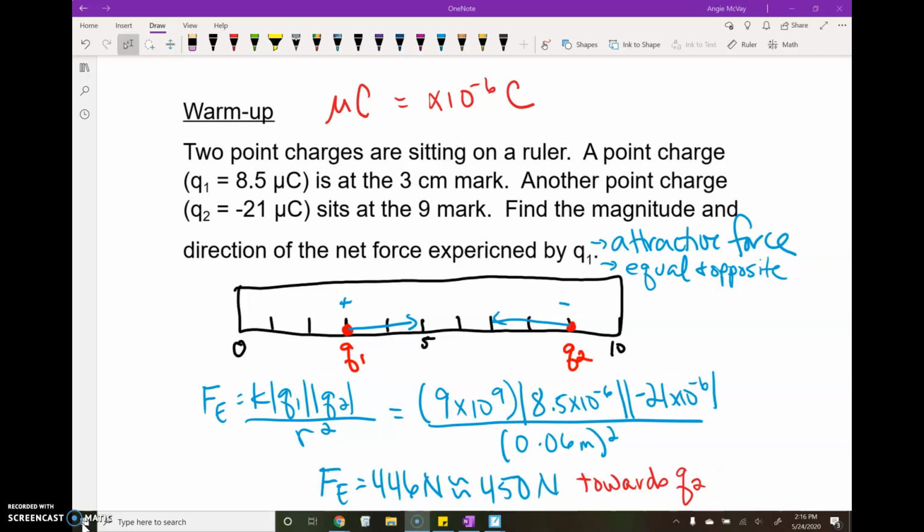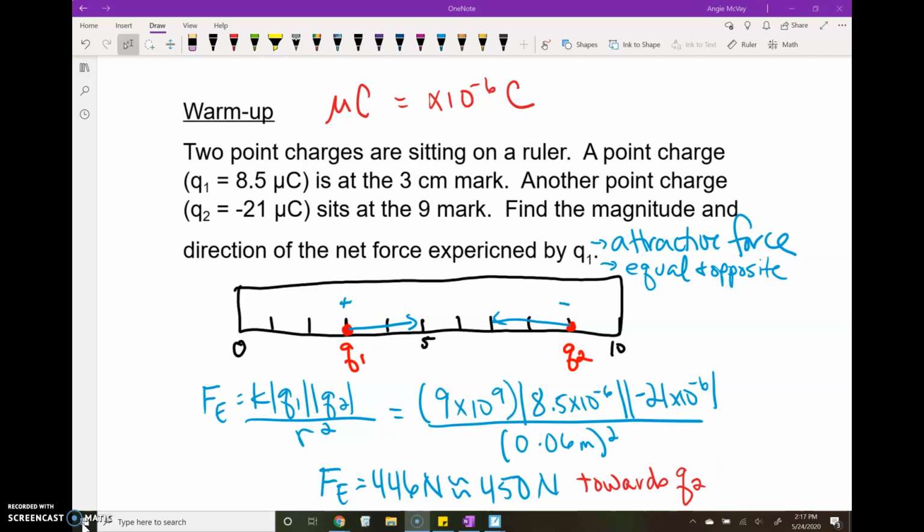Because there are only 2 charges interacting here, no matter which charge I asked you to solve for, you would get the same magnitude for the force. Okay, so we're looking at Q1. Q1 is positive, Q2 is negative, so they're attracting each other, and the attractive forces are equal and opposite. Q1 will feel a force to the right, towards Q2.